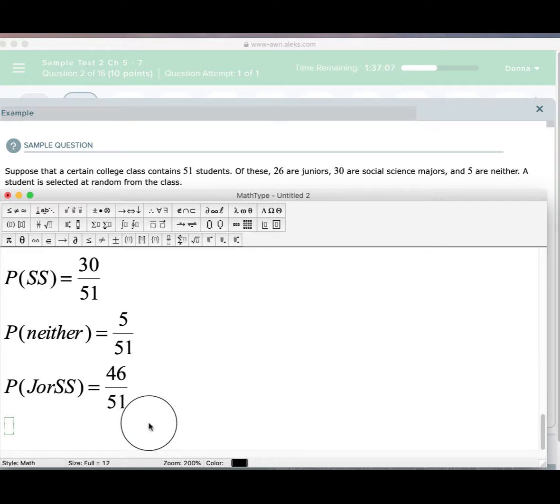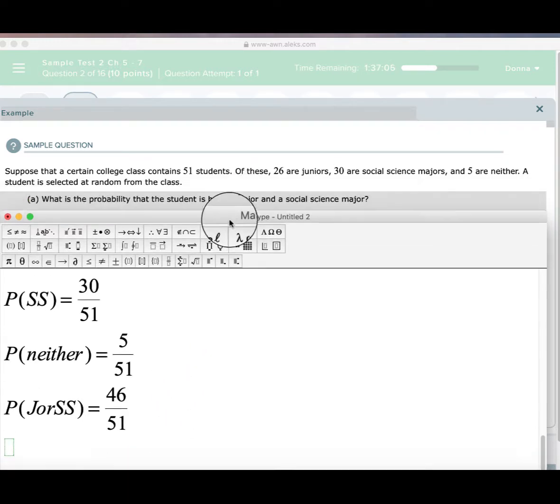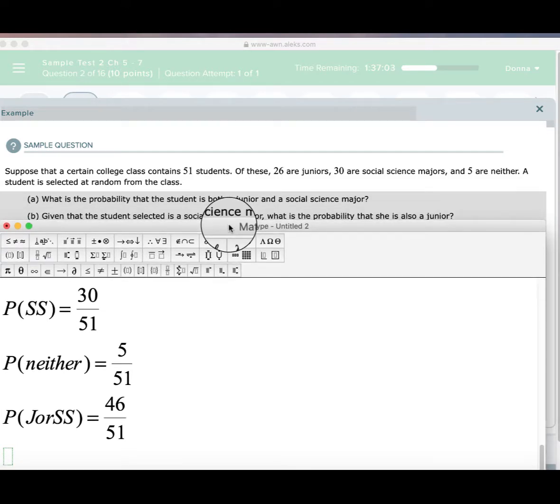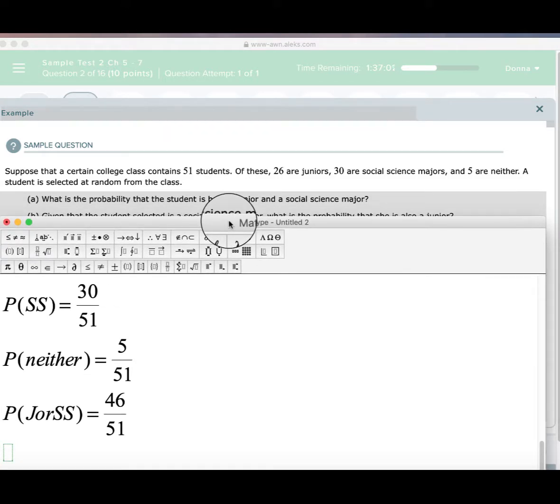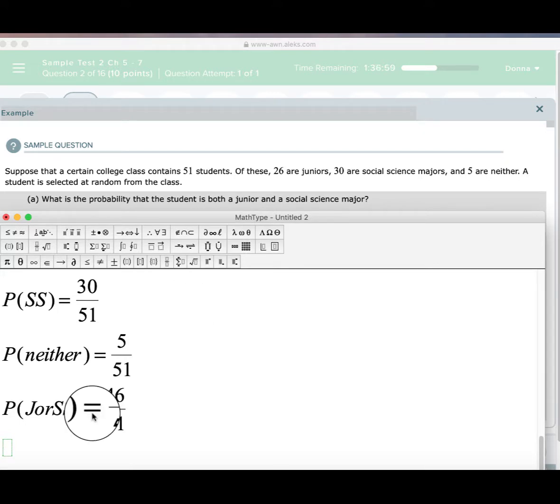The first question asks the probability that they're both a social science major and a junior. So it's the probability of a junior and social science. And we said that to find the probability of and, we just add and subtract or.